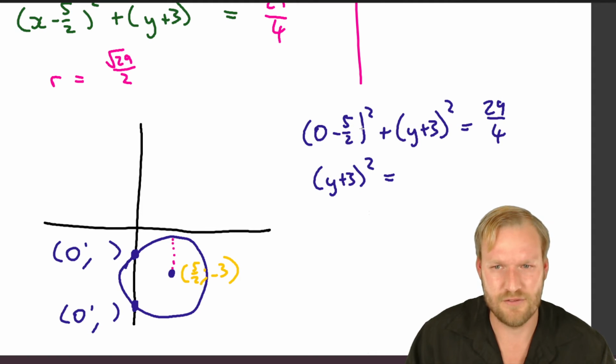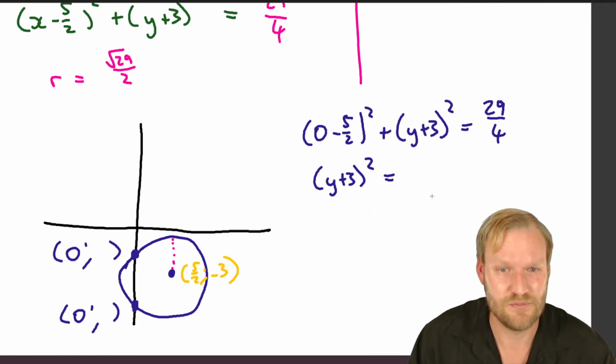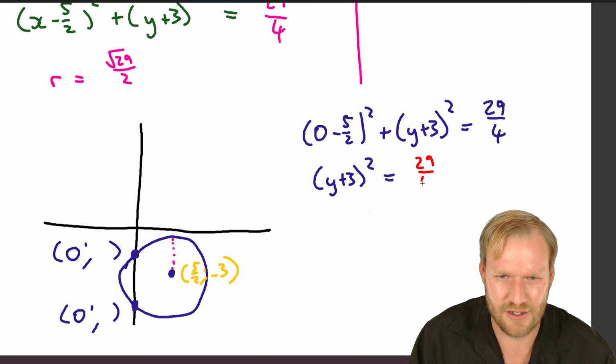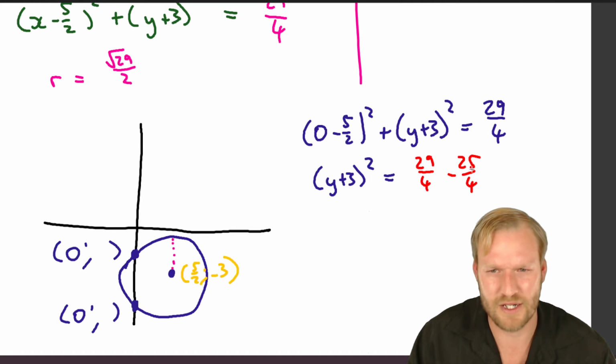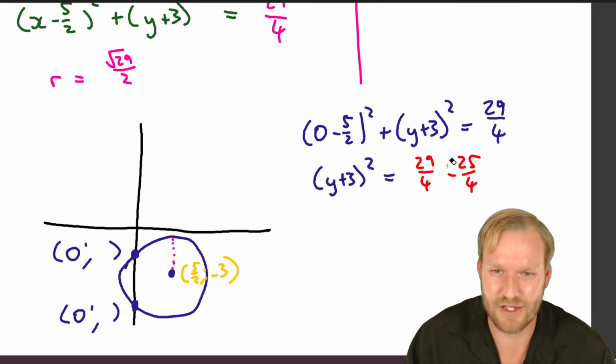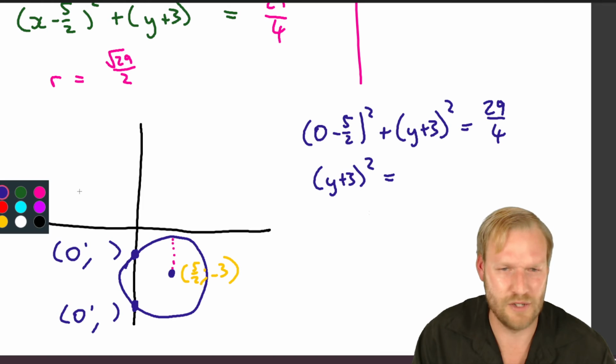So if we subtract 25 over 4 from each side, then we've got, well, what do we get? What's on the right-hand side? Well, let's just check out your thinking. 29 over 4, and we're subtracting 25 over 4. Well, 29 minus 25, 4 over 4. Perhaps you just punched it into your calculator, and you got, well, that must be 1, right?